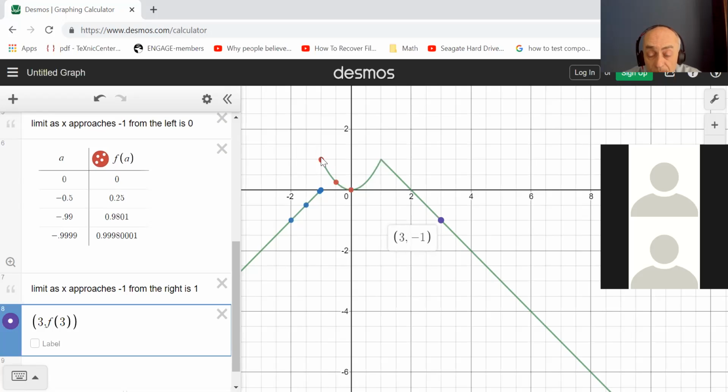So the y coordinate is 1. For all the other points on the graph, whenever you come from the left and from the right, you congregate towards the same point.